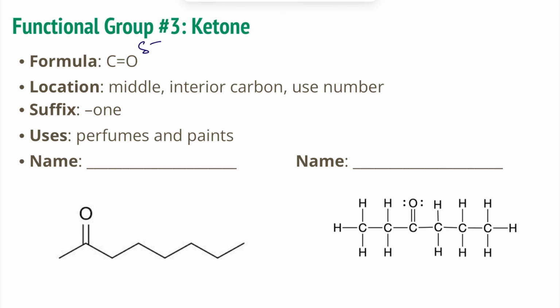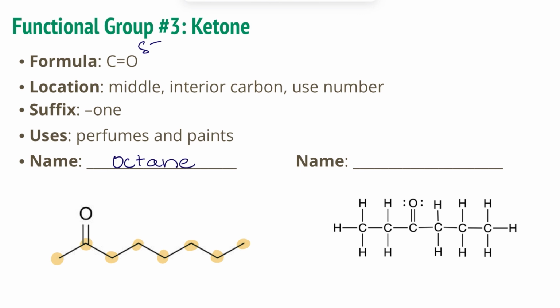charges. Looking at this first one, I gave us the skeleton structure of that. As we are looking at it, I am going to go ahead and name this. Well, let's look at that chain, 1, 2, 3, 4, 5, 6, 7, 8. So that is a chain of 8, which is oct.